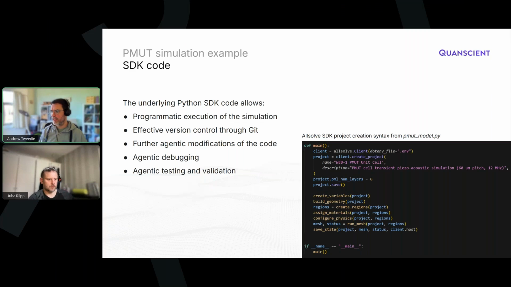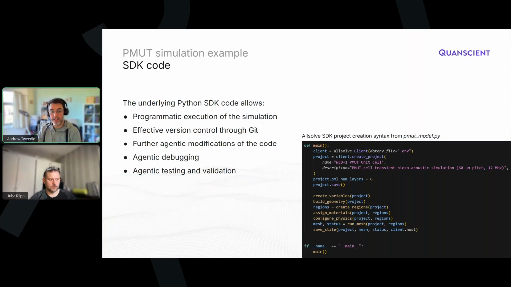Our SDK lends itself to creating quite a high-level representation of the model build, and we usually give some guidelines to the agent, again in the AllSolve skill that we've created, to build the model in, again we would say, an inspectable way. So functions to create variables, build geometry, etc. So this gives us the ability to programmatically execute the simulation.